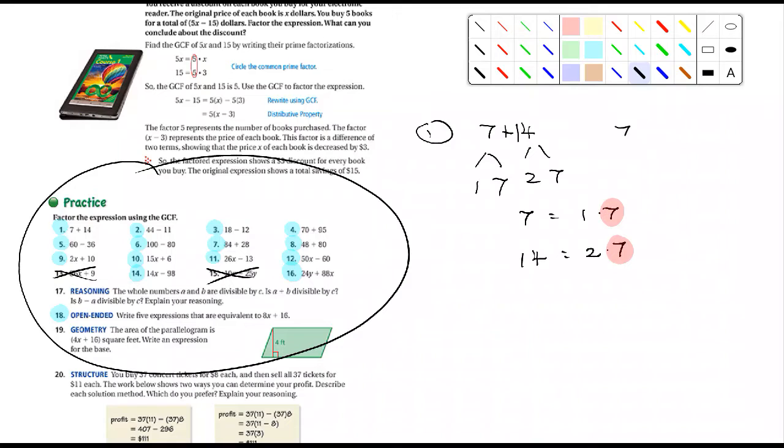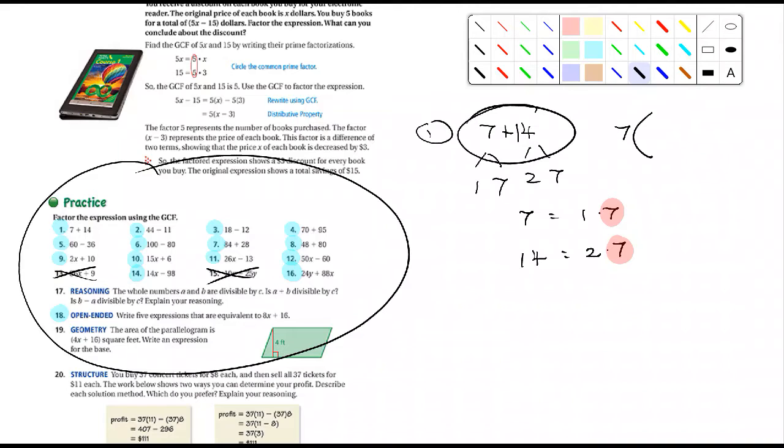Okay? So here's what you would do. You're going to put 7 outside the parentheses, because we're going backwards from what I had taught you last week. We're now converting an expression into using the distributive property.